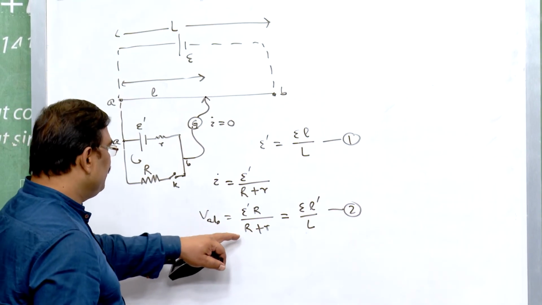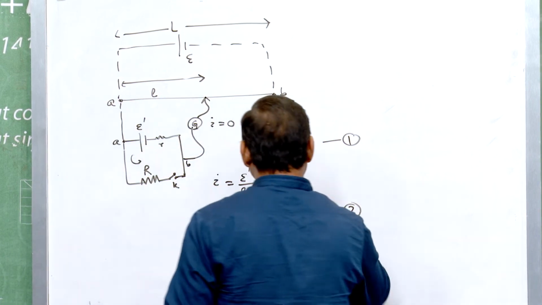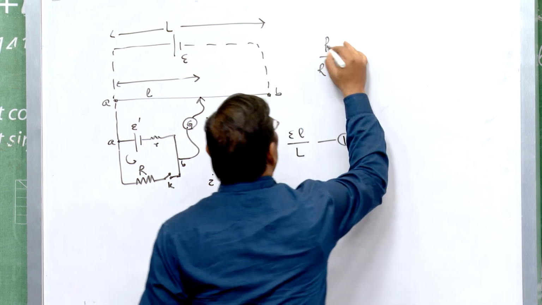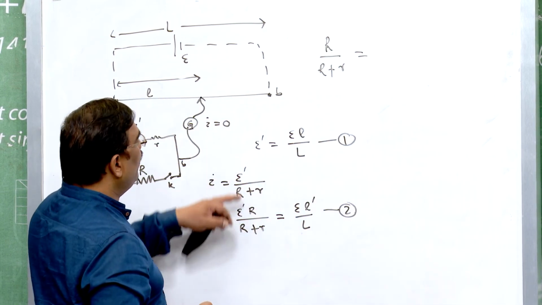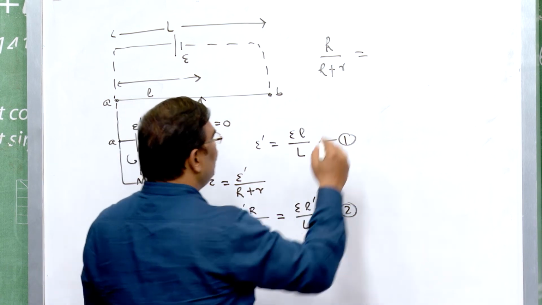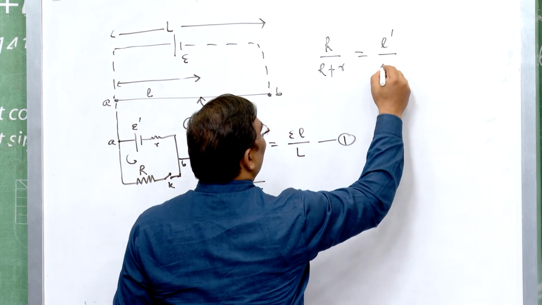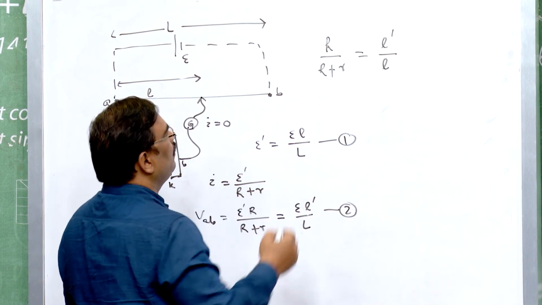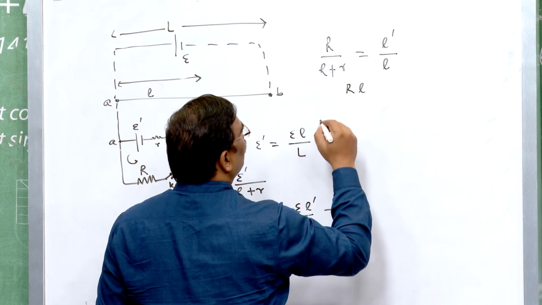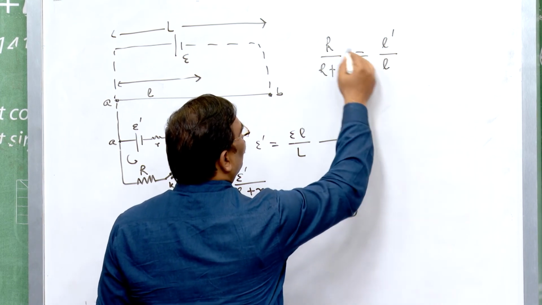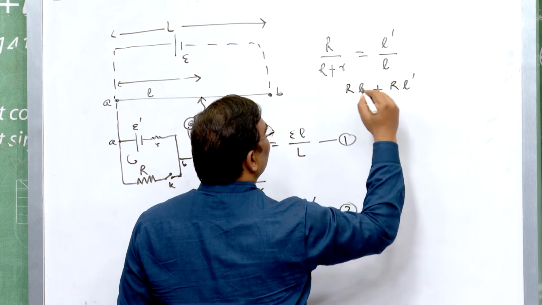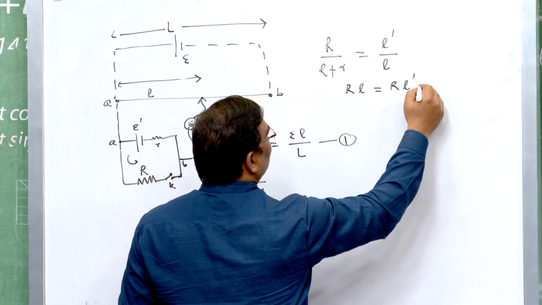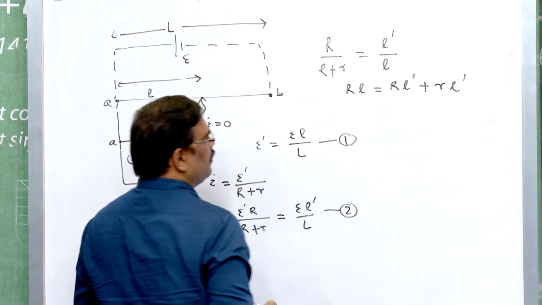Now, dividing these two, we will get R divided by R plus r is equal to L dash divided by L. So, R L equals R L dash plus small r L dash.